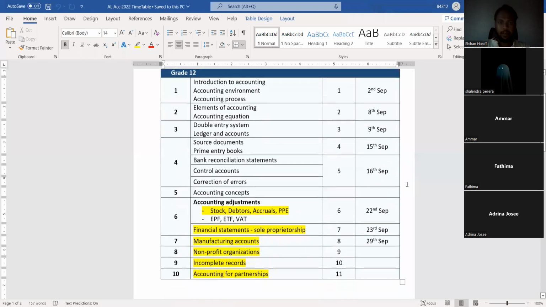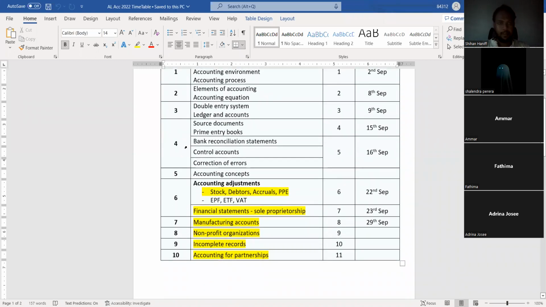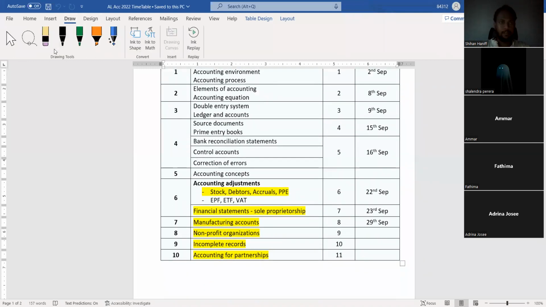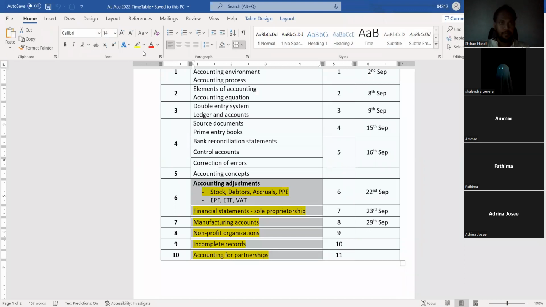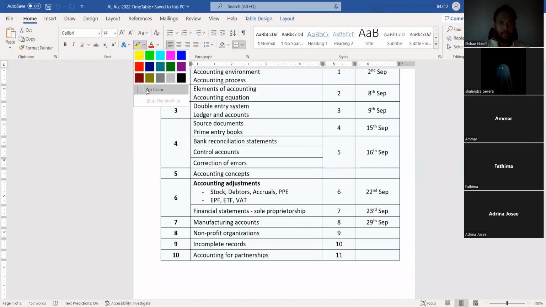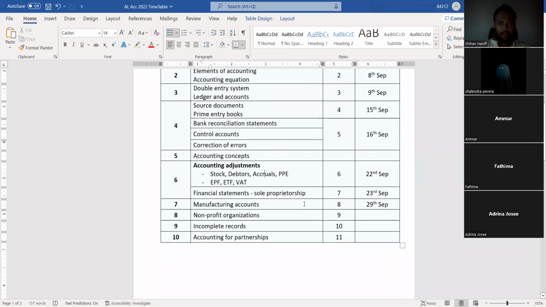We have discussed a few areas earlier. Chapter 1, 2, 3, 4, 5, 6, up to 6 we have done. So today our topic is manufacturing account.